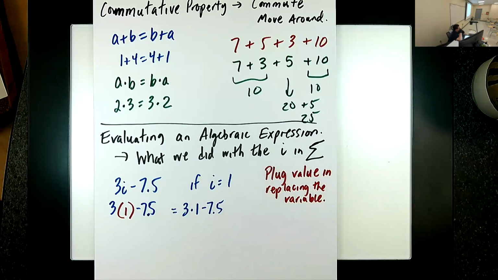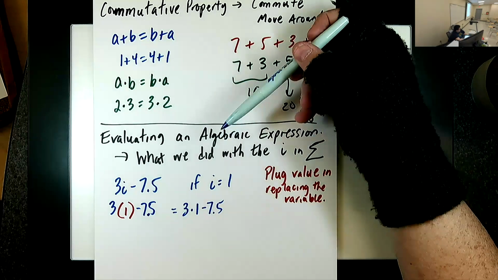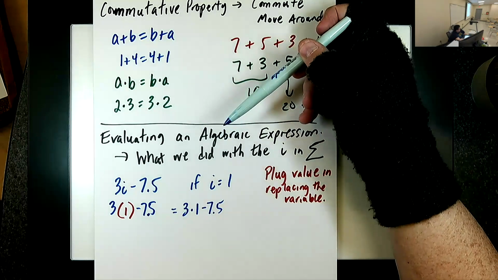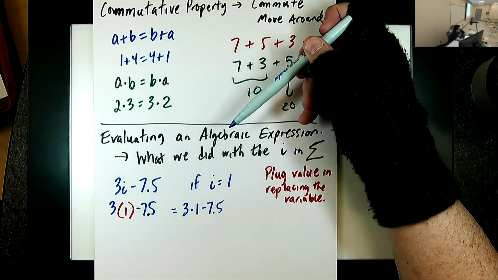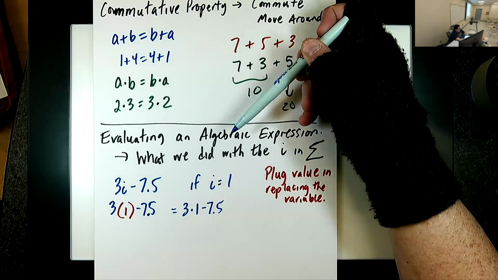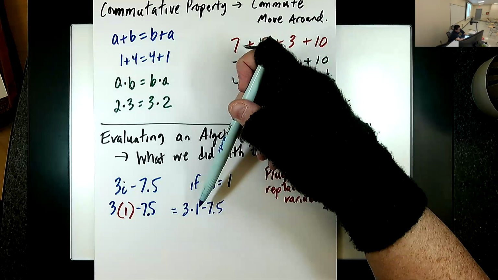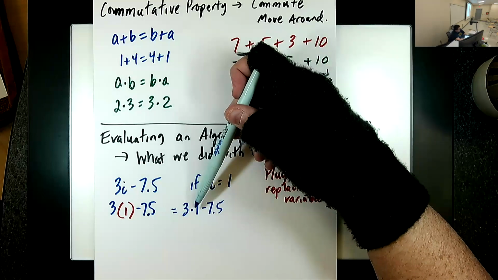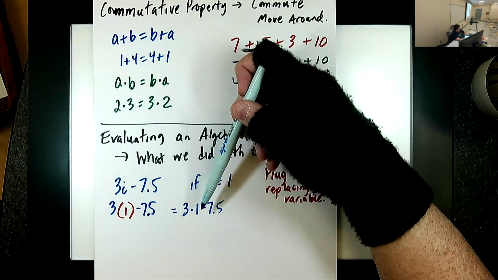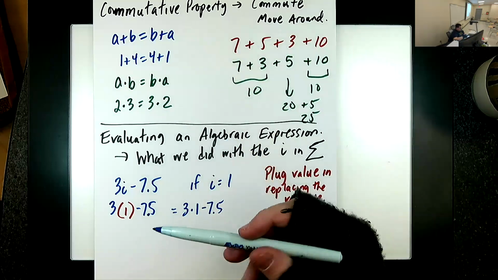The reason why is sometimes, if you're doing it with a pen or pencil and not a thick tip pen, that period, that dot, doesn't show up very big. And if a car horn goes off or the dog barks, or you look away and look back and you don't see the dot and your 1 is closer to the 3, you might see 31 rather than 3 times 1. So putting the parentheses in helps.